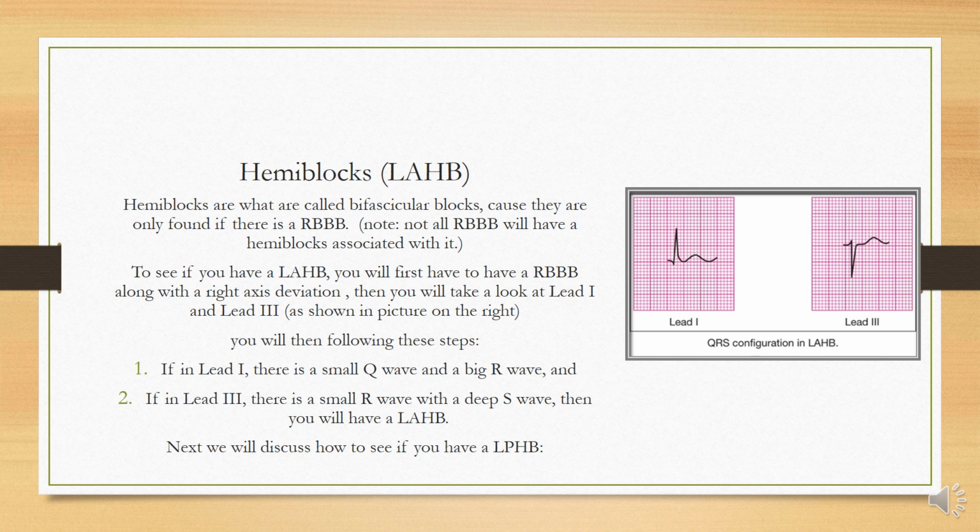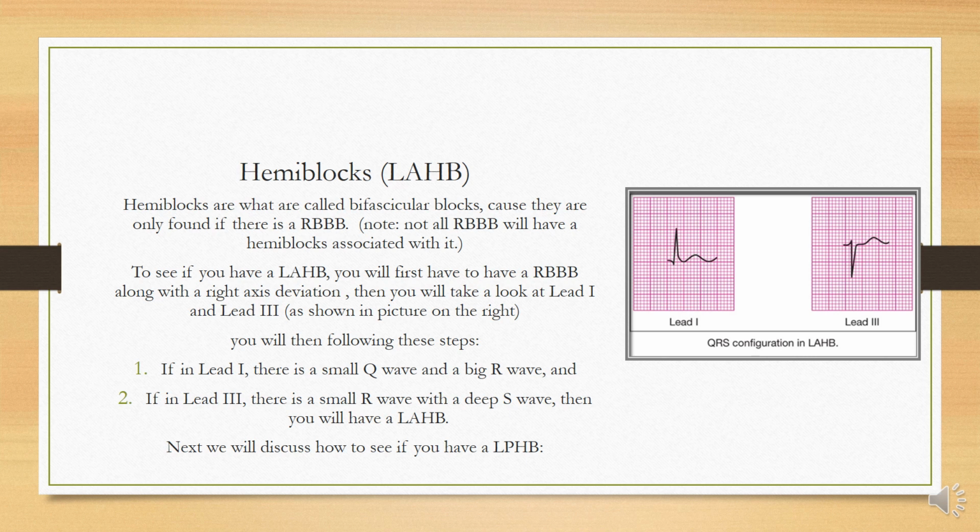So if in lead 1, as shown in the picture on the right, there is a small Q wave and a big R wave, along with, in lead 3, a small R and a deep S, then you guessed it, we have a left anterior hemiblock. Simple. You're just looking at two leads after you determine if you have a right bundle branch block or not.